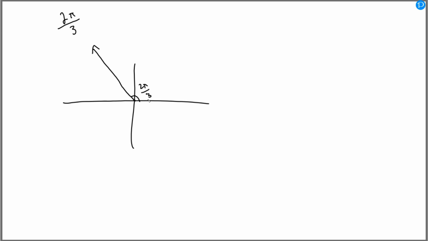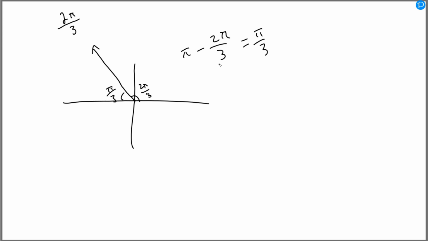What would the reference be? Note that by supplementary angles, this straight angle is pi radians. So the reference angle would be pi radians minus 2 pi by 3 radians. And that gives us pi by 3. So our reference angle is pi by 3.